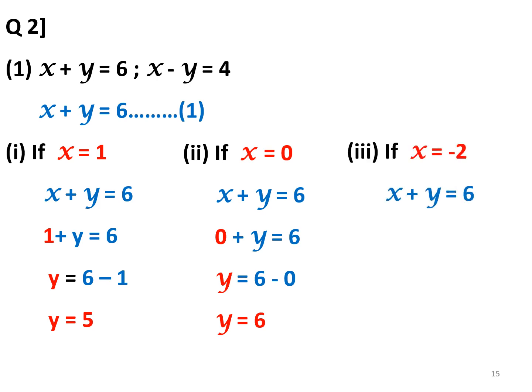The third one, if x is taken as -2, substituting x = -2 in my equation 1, x + y = 6, -2 + y = 6, y = 6 + 2, y = 8.